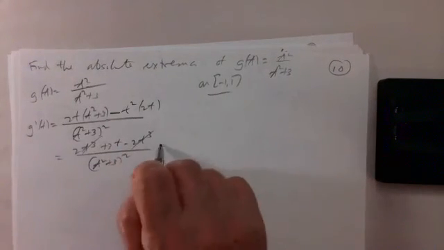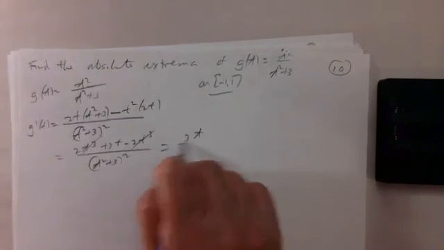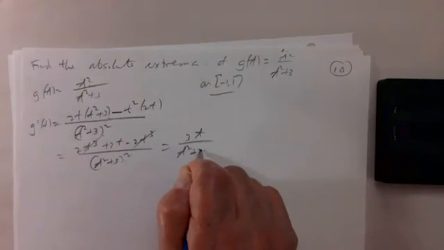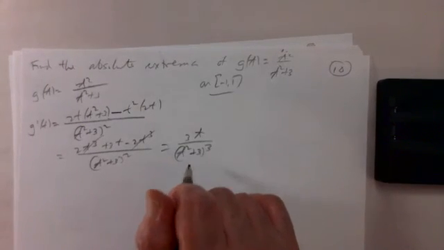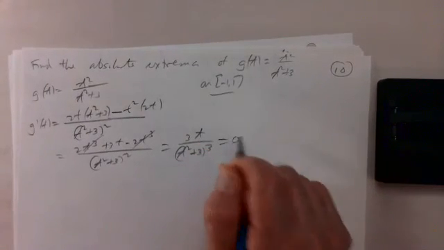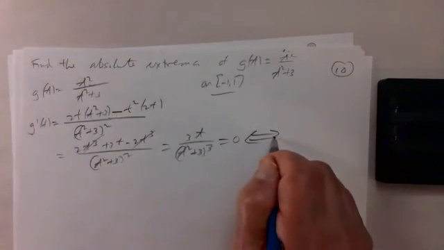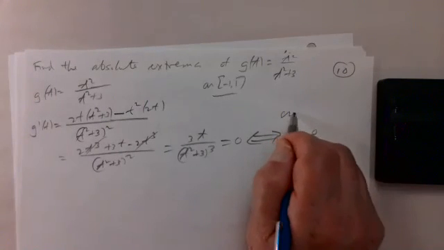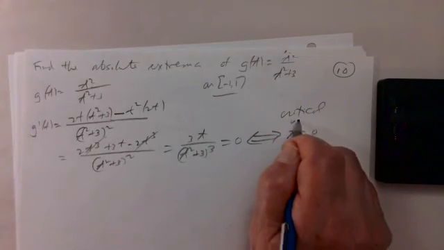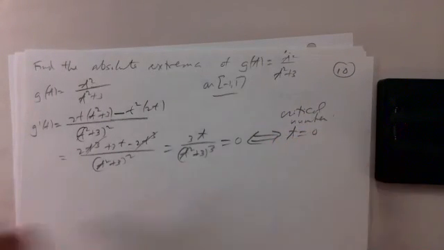These cancel. So we get 3t over t squared plus 3 cubed. The denominator is always positive. So the only time this is 0, it's 0 if and only if t equals 0. So there's one critical number.